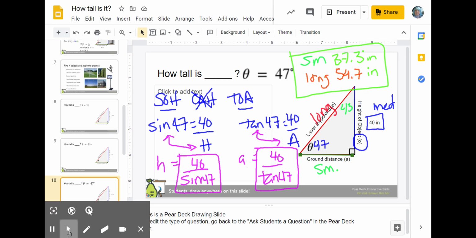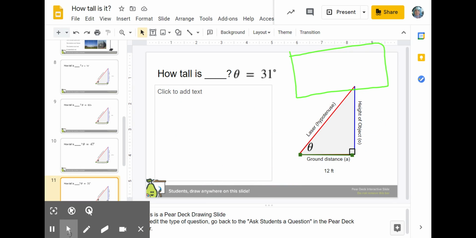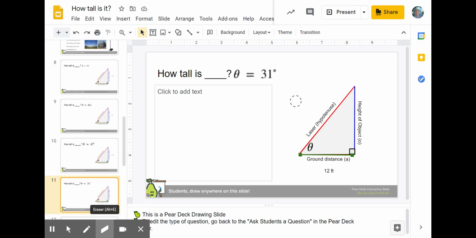Okay, I'm going to flip through. So slide 11 is going to be where it changes a little bit. Okay, so let's do slide 11 together, and then I'll let you guys go work in groups. Absolutely.